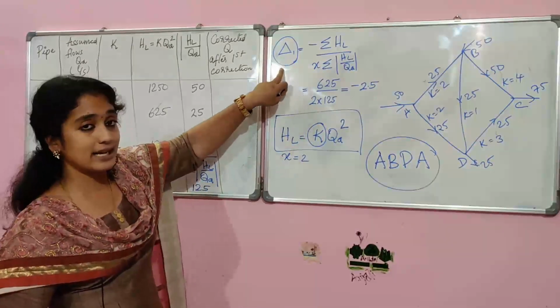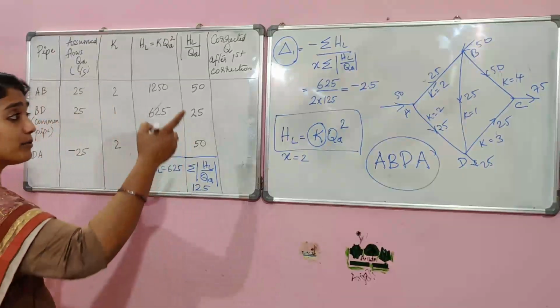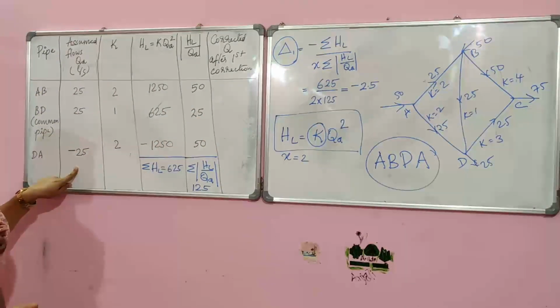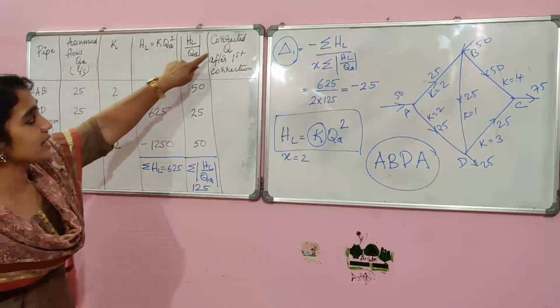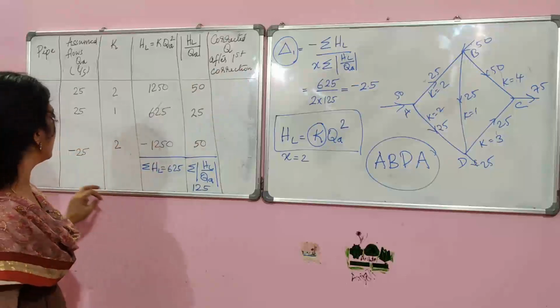Then we will get a correction of minus 2.5. Then you have to add this correction to the assumed flows. Then only you get the corrected Q after the first correction.